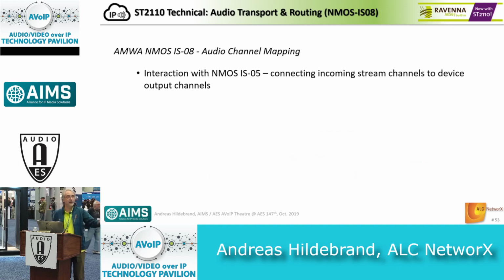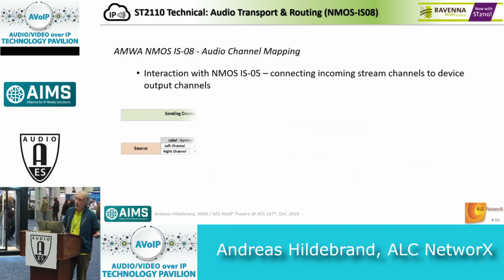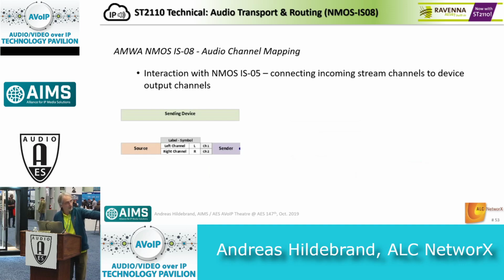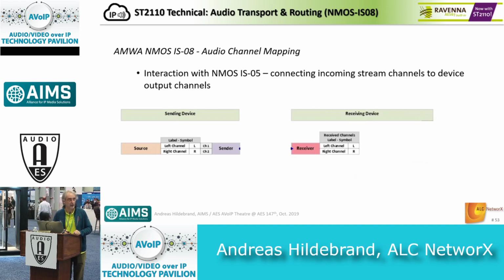So how does that interact with IS-05? What's the whole picture of this? Let's say we have a sending device which has a stereo source and is packing these left and right channels into a sender. So the sender is offering a stream to the registry system, so the broadcast controller knows that particular device is offering a stereo stream, a two-channel stream.